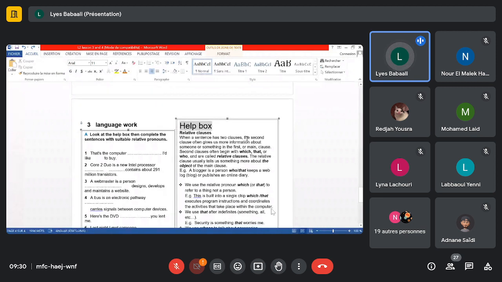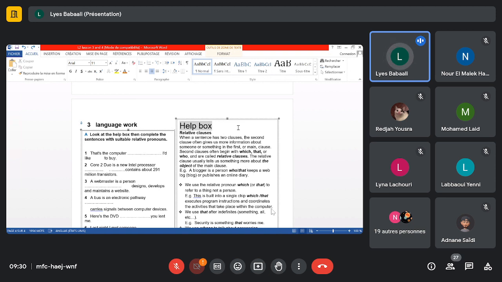Here also, I'm not gonna go into the details because it's not necessary in my opinion. But a relative clause we have already talked about earlier. We have said that we have a simple sentence or an independent clause, right? So in English we also have relative clauses.